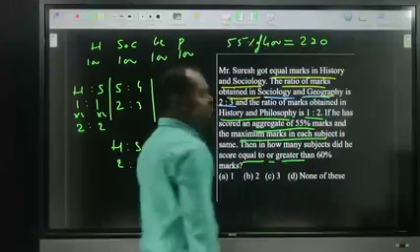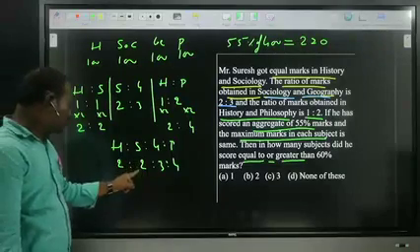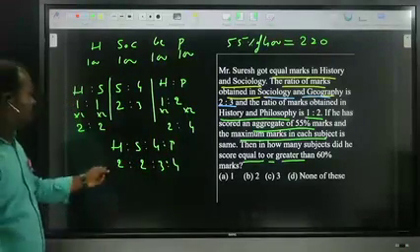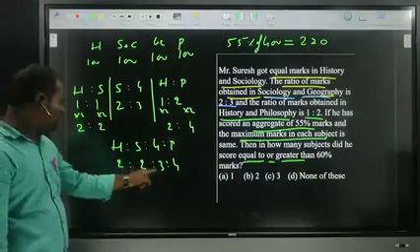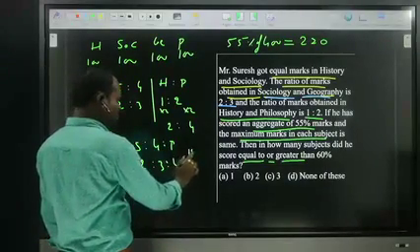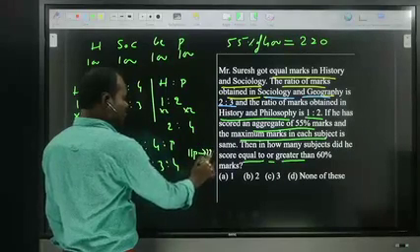Total score 220. Total how many parts? 2 plus 2 is 4, 4 plus 3 is 7, 7 plus 4 is 11. So 11 parts. 11 parts means 220.